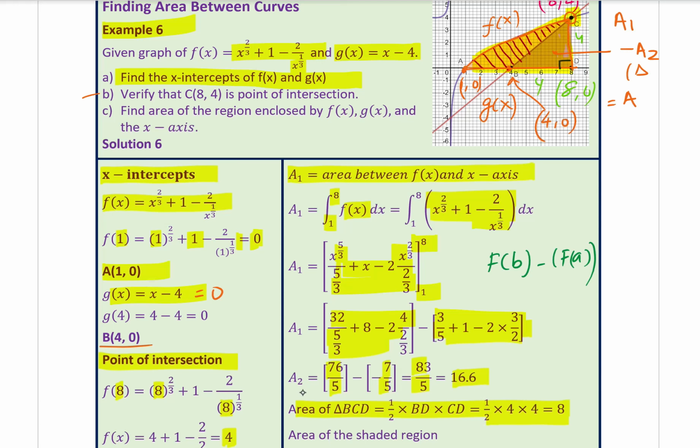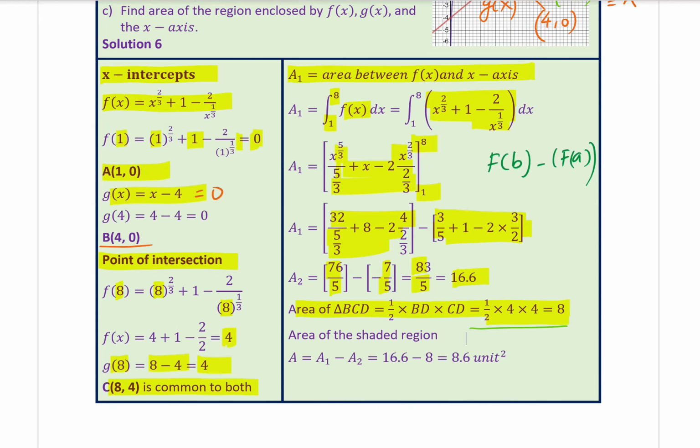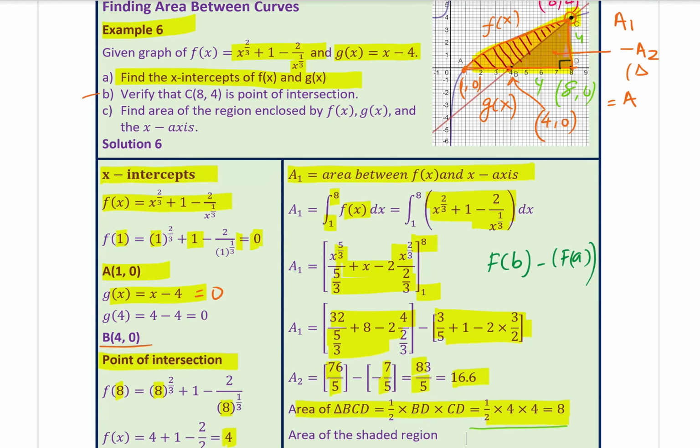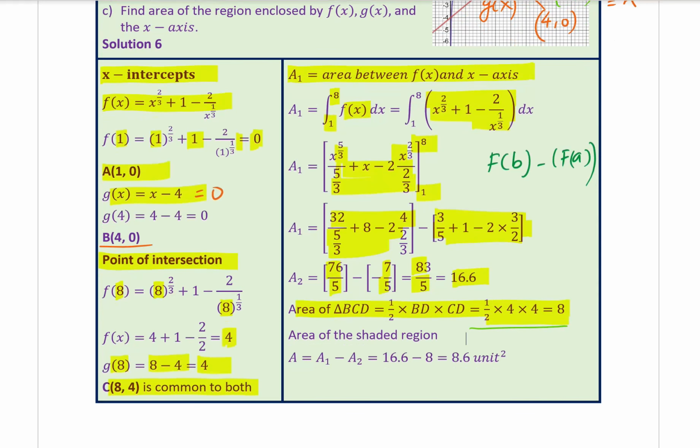Height is also 4, correct? So we get the area of the triangle as half of 4 times 4. That gives you 8. So we'll substitute 8 for the area of the triangle and take away the value. Once we do that, we get the area of the shaded region, which is A1 minus A2. 16.6 minus 8 gives you 8.6 units squared.